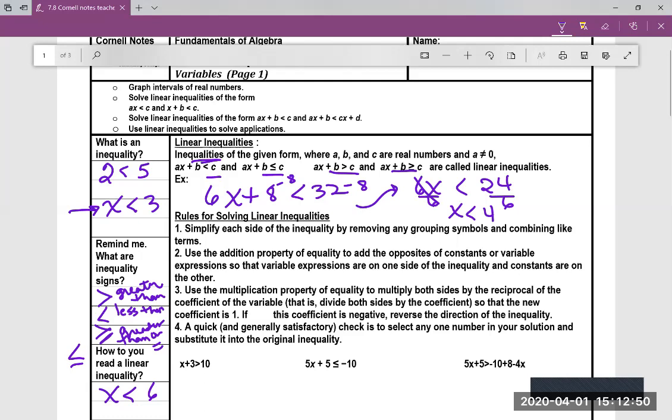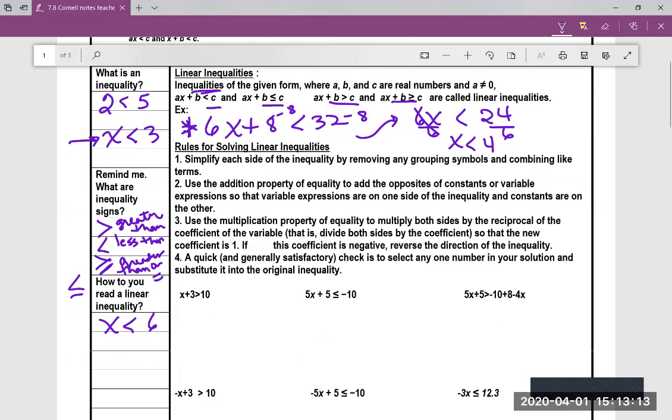So for this original linear inequality to be true, anything less than 4 would make this true: 3, 2, 1, 0, negative 10, and so on. Even a decimal like 3.9 is less than 4. So that's a first look at these.